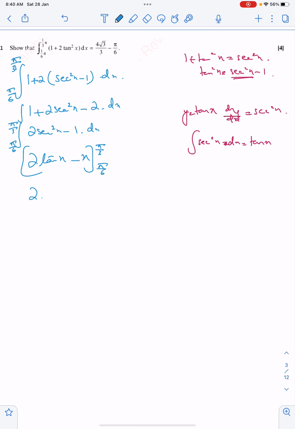2 tan of pi by 3 minus pi by 3, this is the first bracket, minus 2 tan of pi by 6 minus pi by 6. Okay, tan of pi by 3 is root 3, minus pi by 3.